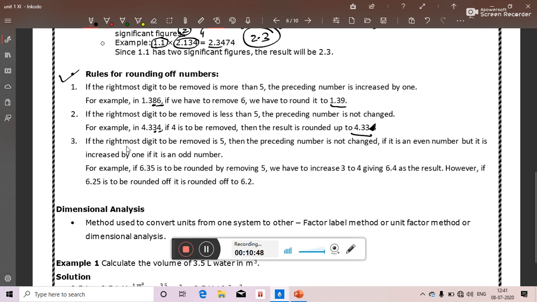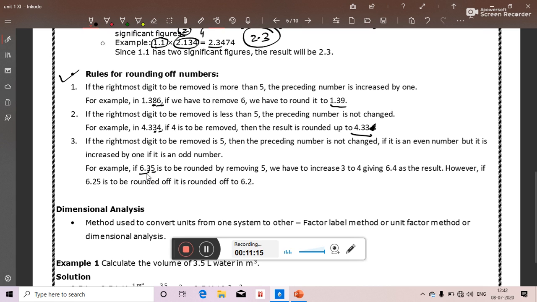And if the rightmost digit to be removed is 5, neither less than 5 nor more than 5, but exactly 5, for example in case of 6.35, then we have to see the preceding number, that is the second last digit. If the second last digit is odd, then it is increased by 1.